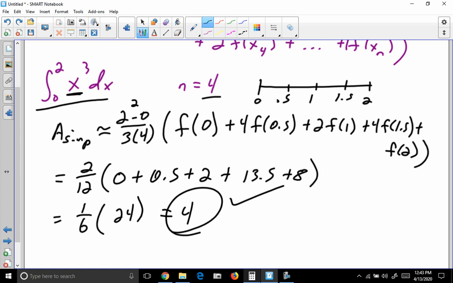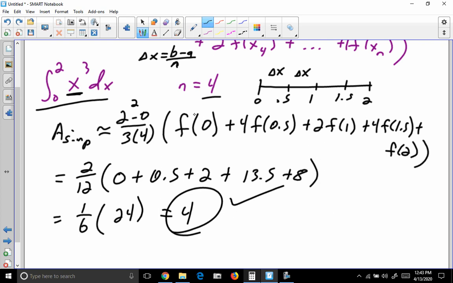So it's just a matter about how we use the formula. We use our delta x, which comes from our n. Remember, delta x is b minus a over n. That'll tell us how wide our intervals are. And that'll allow us to break up our number line that goes from the left side to the right side into subintervals.